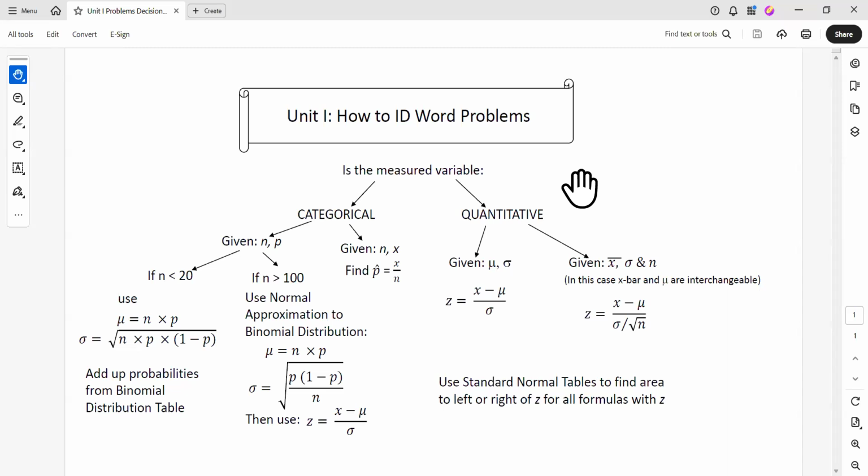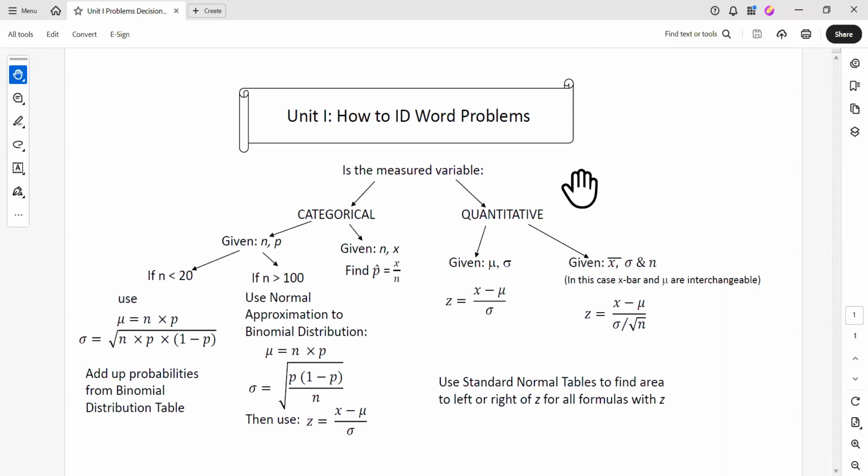So the arrow going the other direction, if n is greater than 100, says use normal approximation to the binomial distribution. Remember that if our sample size is large enough, over 100, then our binomial distribution looks close enough to the normal distribution, and we like the normal distribution. So we're going to use it, right?